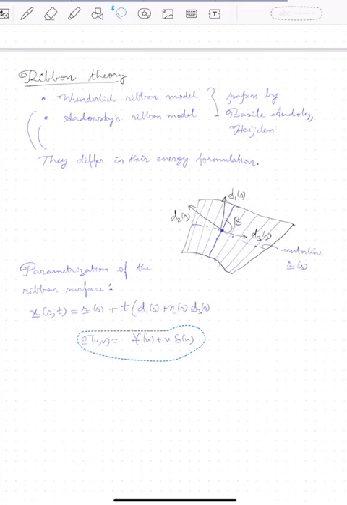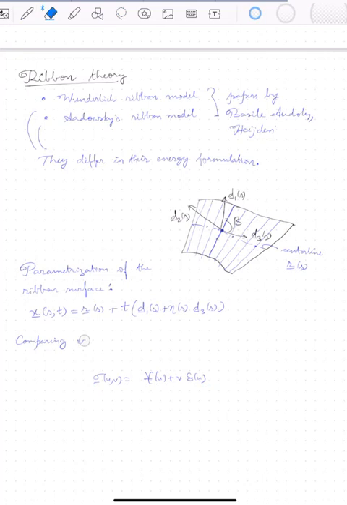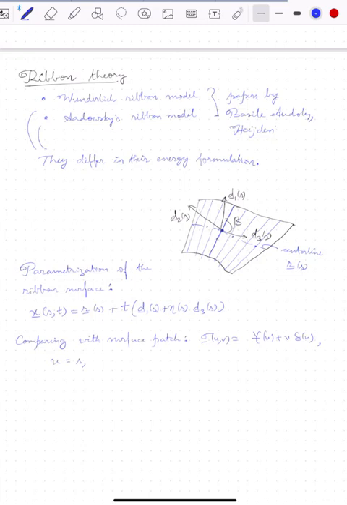So on comparing with surface patches, we have sigma bar equal to x vector, u equal to s, v equal to t, and then gamma vector of u is equal to r of s, right?